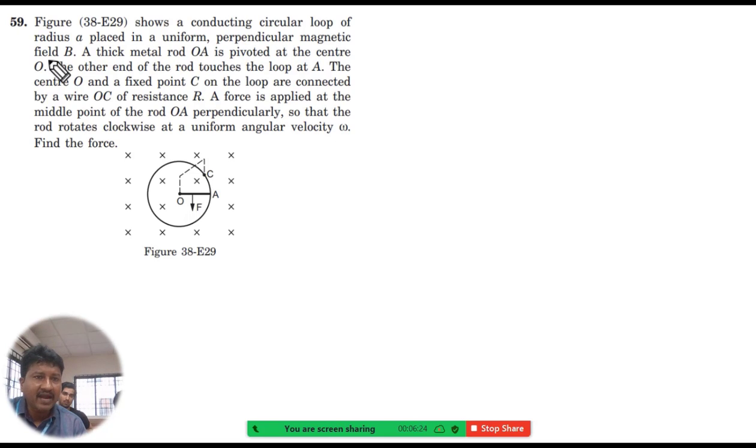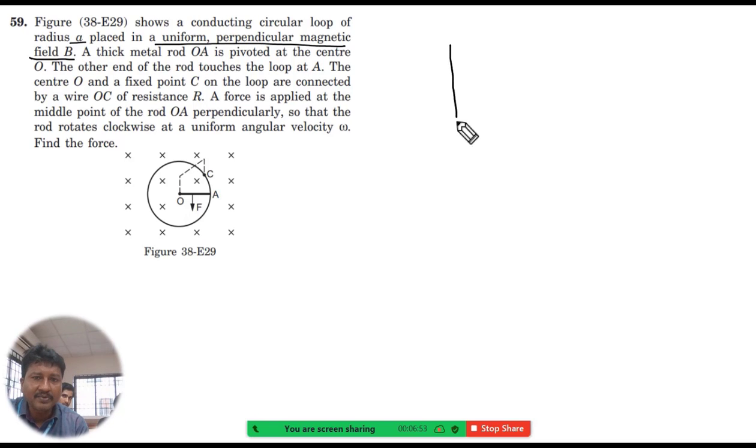A circular conducting loop of radius A, uniform perpendicular magnetic field.